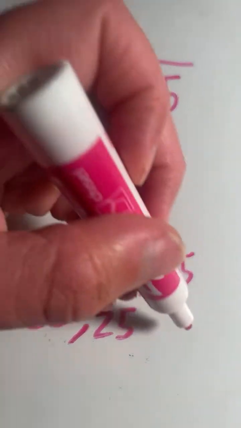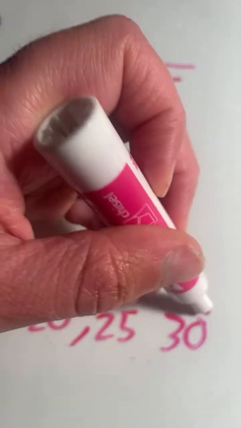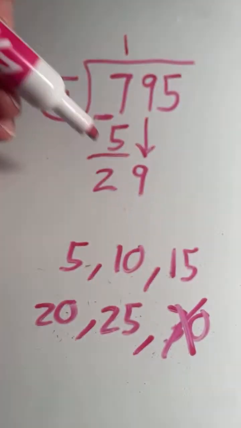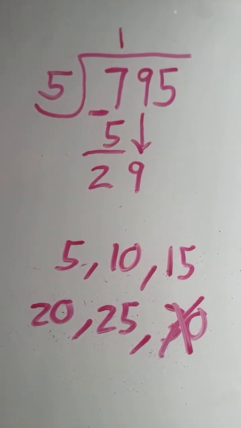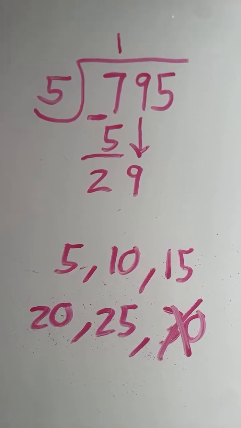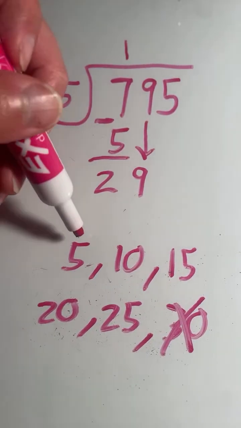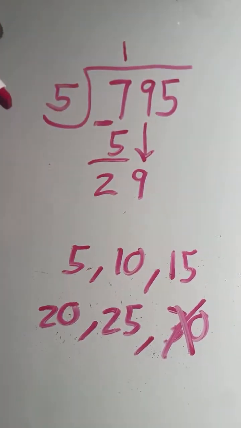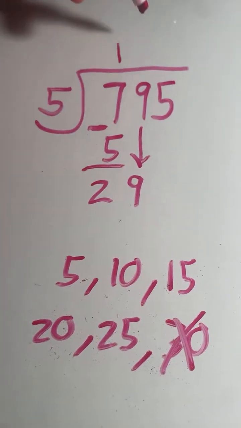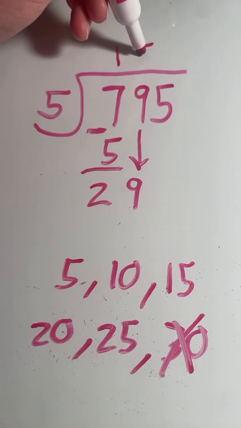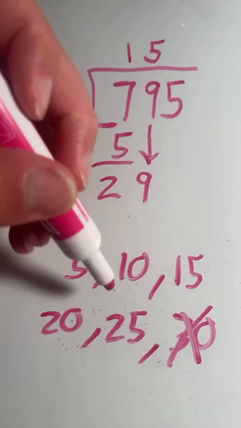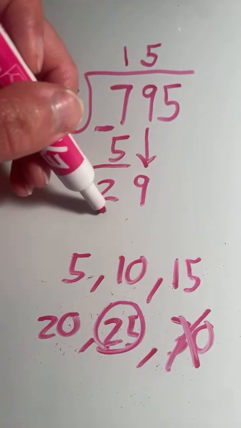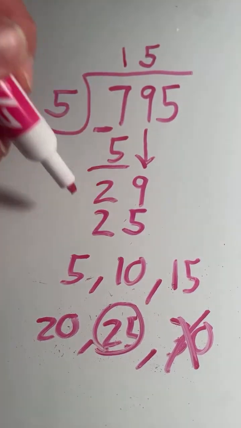Now, if I keep going and I count by 5 again, I'll be at 30, and that's too far. 30 is too far because we've passed the number 29. But I was able to get 5 full groups of 5 within 29, right? I had to count by 5, 1, 2, 3, 4, 5 times. So 29 divided by 5 equals 5 with the remainder. 25 was as close as I could get to 29 without going over.